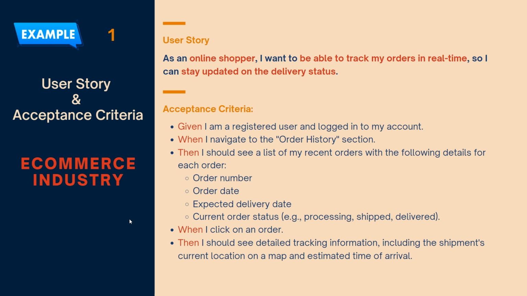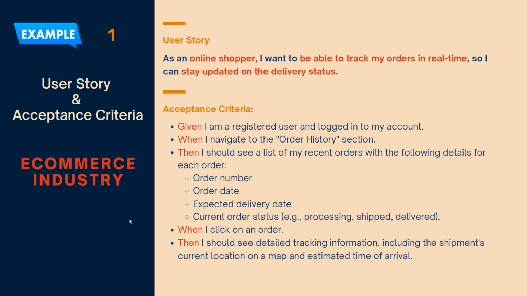So this acceptance criteria will help the developer understand that if I click on order history, this is how the output should come. Okay. Then we specify another action in the same acceptance criteria. The scenario remains the same, the registered user is logged into the account.